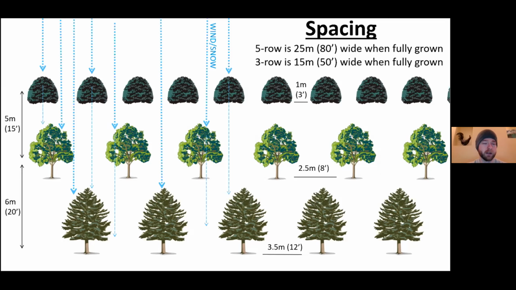The fewer rows in a shelter belt ultimately will force you, if you can only plant a few rows, to possibly plant closer if you want to maintain similar protection, because you'll have fewer rows to create that offset or staggering effect.